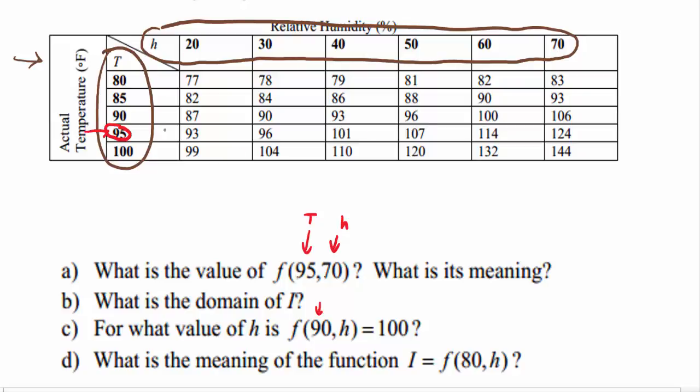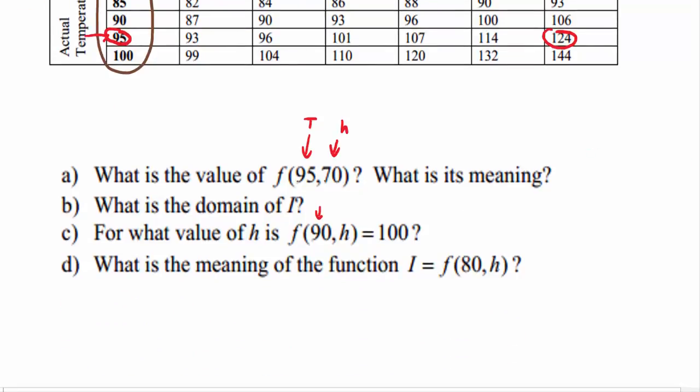If you made a cross where the two lines meet, cross over from 95, cross down from 70, where the two numbers meet, that would be how hot it feels. Would you buy that statement? Let me get rid of those red lines. They're going to be in the way. So 124.